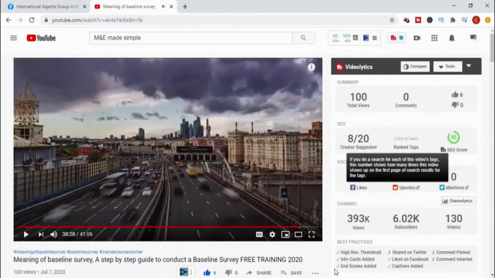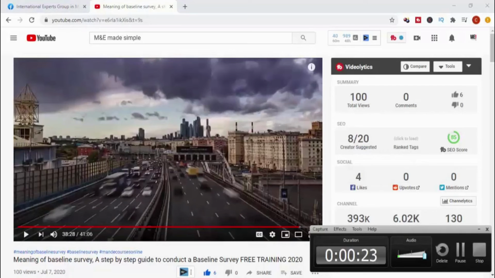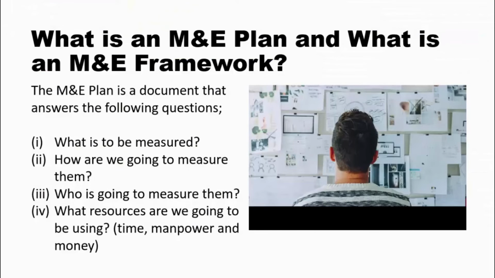Okay, so I like to explain what an M&E plan is by also differentiating it from an M&E framework. The reason is that people tend to confuse the two. I've seen this many times, because if you look at a plan, it details certain aspects that are also similar to the framework, but they are different because by definition, if you remember the videos that I did, I explained what planning is.